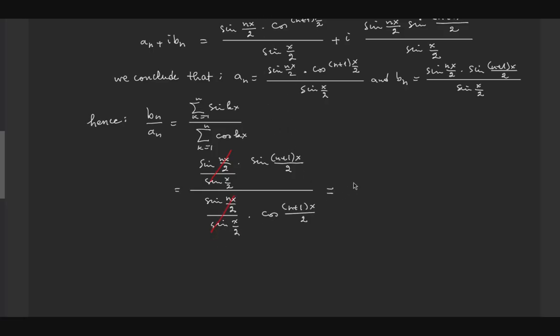That gives us exactly sine (n plus 1) x over 2 over cosine (n plus 1) x over 2, which is tangent of (n plus 1) x over 2. That ends our proof.